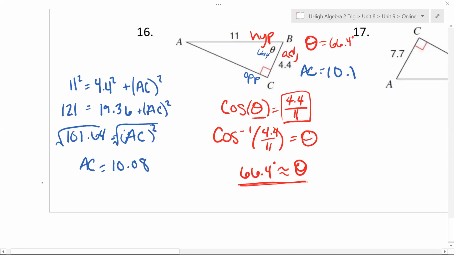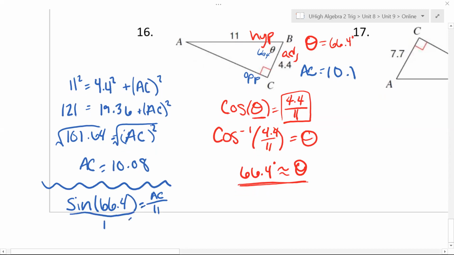I'm going to use just the sine function because I feel like it right now. The sine of 66.4 is equal to your opposite, AC, over your hypotenuse, which is 11. Doing that cross multiplication, you would find that AC is equal to 11 times the sine of 66.4. When you type that into your calculator, you should get approximately 10.1.